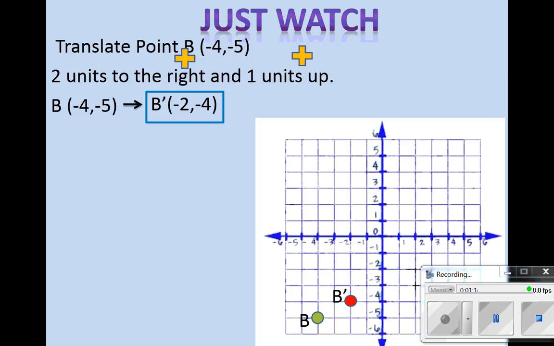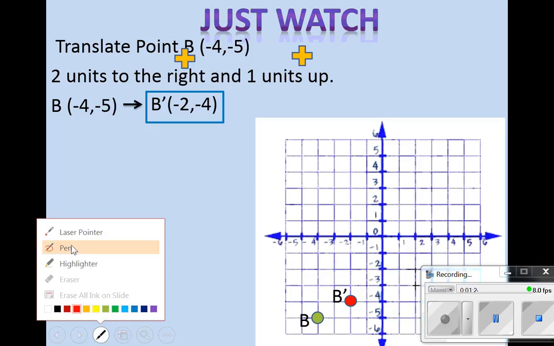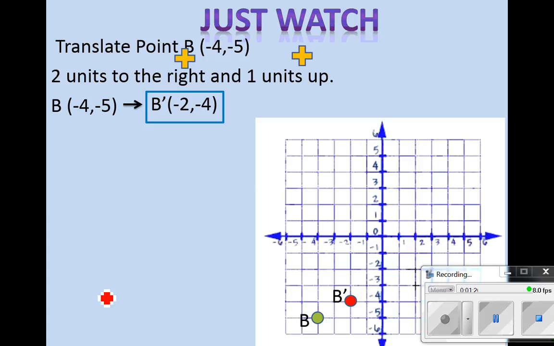Then I'm going to look at how many I am moving to the right. I am moving 2 to the right. And then let's look at how many I'm moving up. I'm moving 1 up. And if I'm moving right, that's on the x-axis.